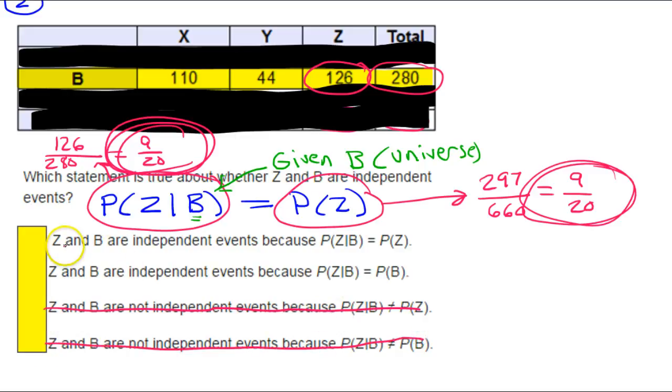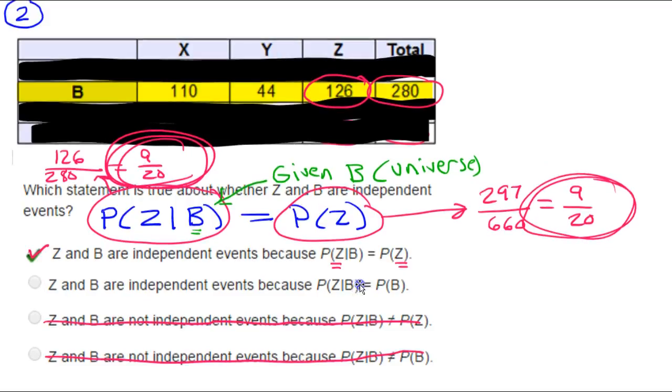Z and B are independent because the probability of Z given B is equal to the probability of Z. That's what we just found, so choice number 1. The other choice says Z given B is equal to the probability of B, which should match the first one. Let's do the reveal and make sure we are right. And of course we are.